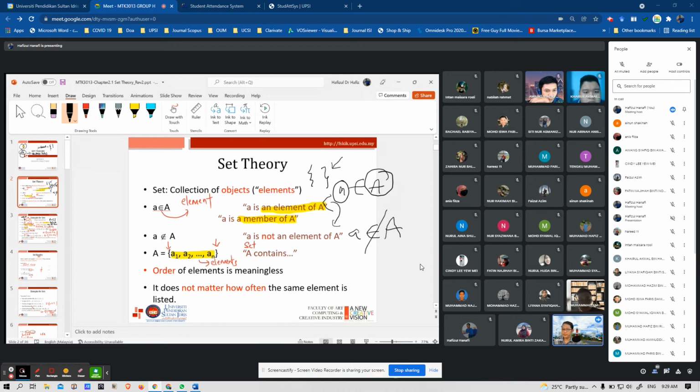For example, if you have a, b, c, you count it as three elements, because a is one, b is two, c is three. And it doesn't matter how often the same element is listed.